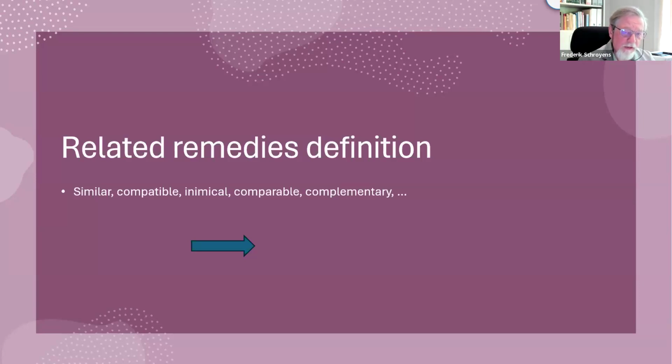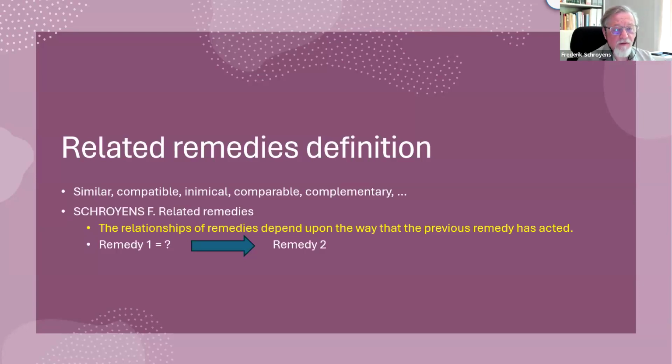As you may know, I have done a big work called Related Remedies, where I have collated many sources, and I've also investigated the definitions that different authors gave on related remedies. The basic idea, which I believe you need to know if you want to use related remedies in your practice, is that the relationship of remedies depends upon the way that the previous remedy has acted.